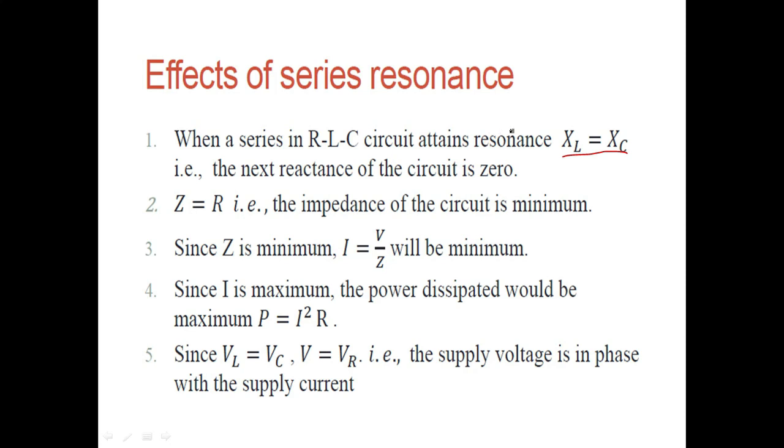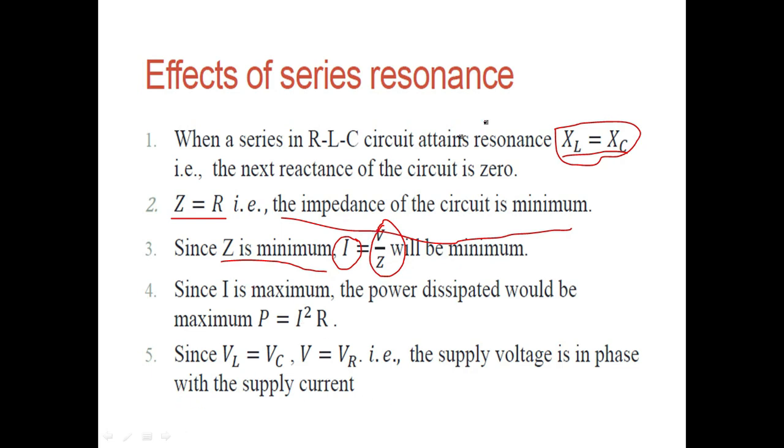Once this condition is fulfilled, Z is equal to R, which means the circuit is purely resistive and the impedance of the circuit is minimum. Since Z is minimum, the current flowing through the circuit, I equal to V upon Z, is maximum.